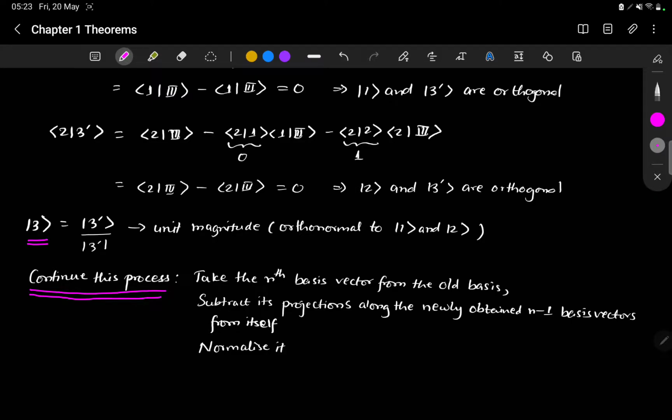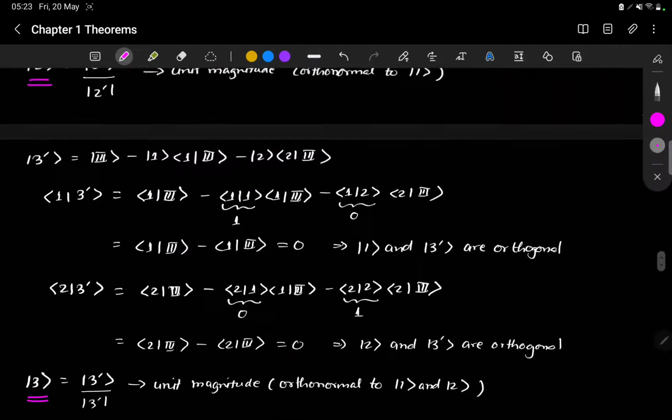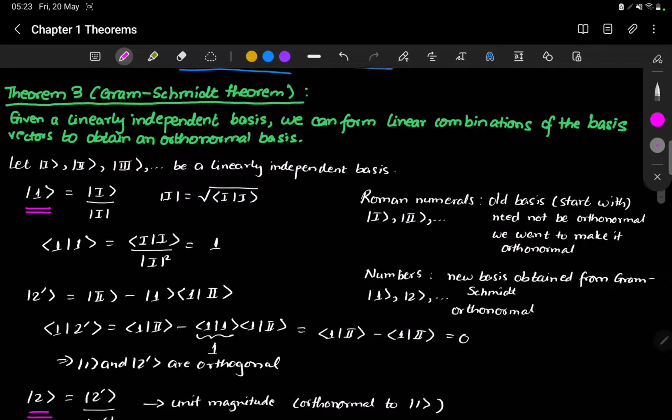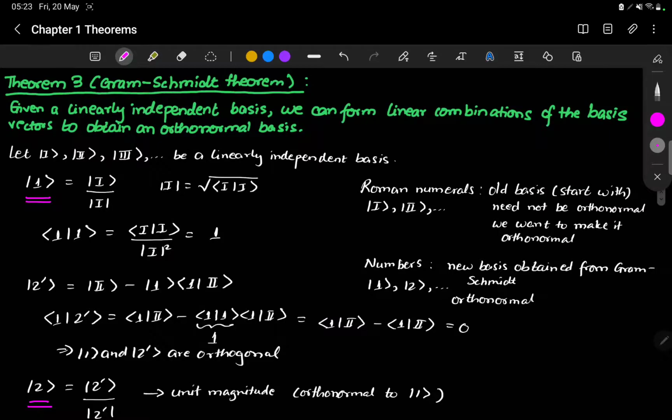So this is the entire process for Gram-Schmidt orthonormalization, and this process basically forms the proof of the Gram-Schmidt theorem, since we are able to provide a step-by-step logical method of obtaining linear combinations of basis vectors to get the orthonormal basis.